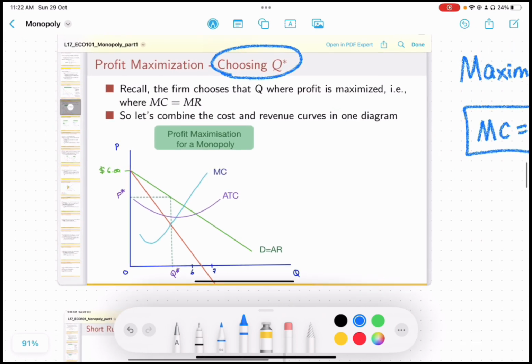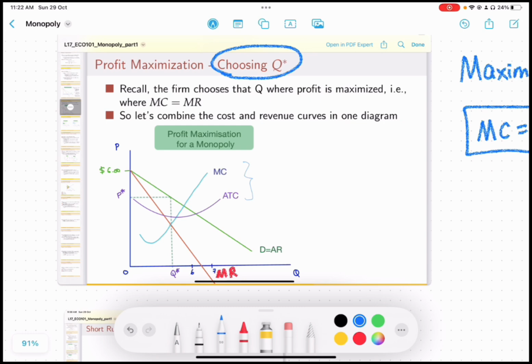So all I did was above, I showed you that the demand curve is downward sloping, and this is our marginal revenue curve, and the marginal revenue curve is always going to be twice as steep as the average revenue curve. So that's done. And all we are doing now is introducing the cost curves that we've drawn again and again, right? The cost curves are always the same, no matter what the market structure.